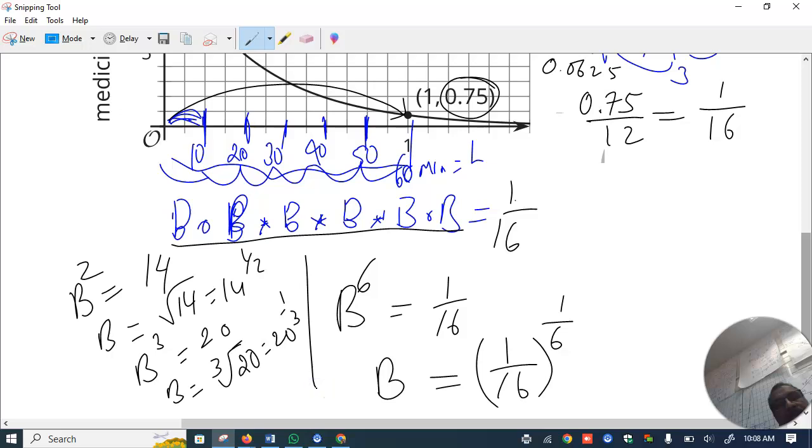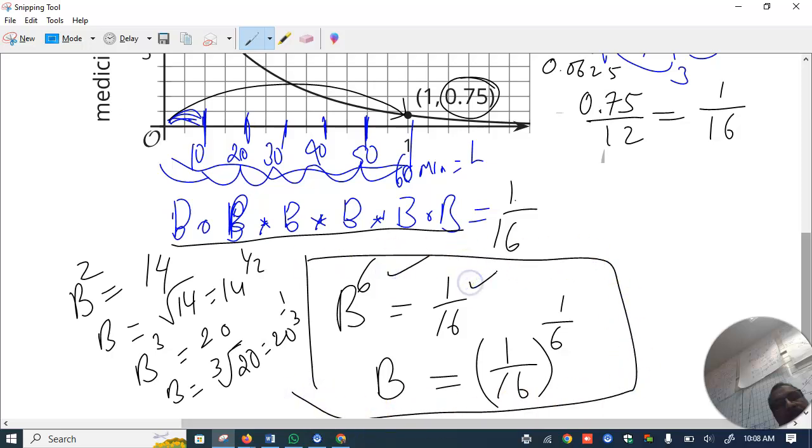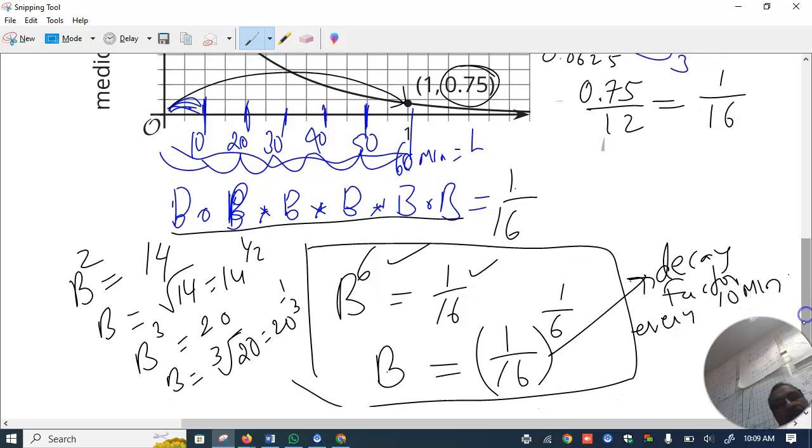And likewise, if b raised to 6 is 1 over 16, then this is the growth factor, this is the decay factor every 10 minutes. Okay, and then we want to know what the percentage is.